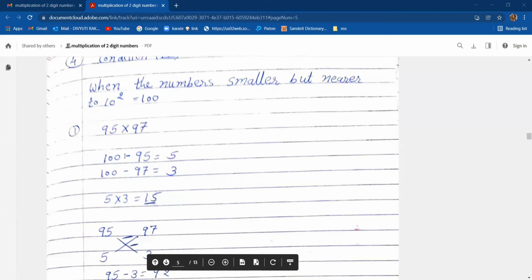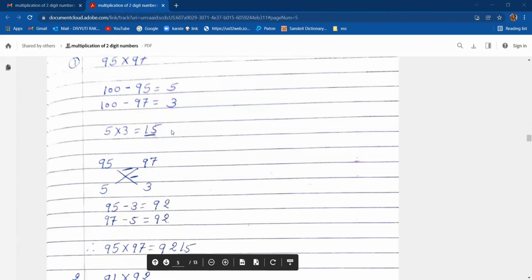So what you should do in this kind of condition is subtract both the numbers from 100. Whatever remainders you get, you have to multiply. Here I have multiplied 5 and 3, and it is 15. 15 I will put as it is.